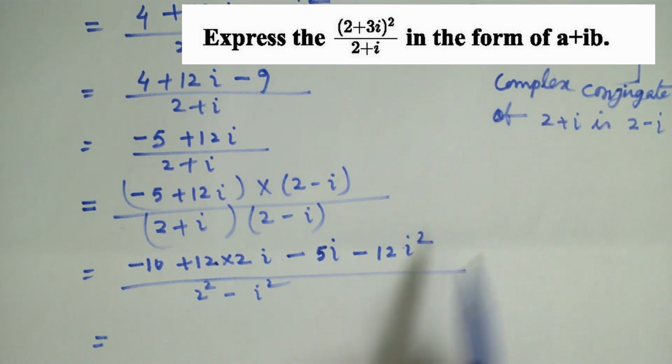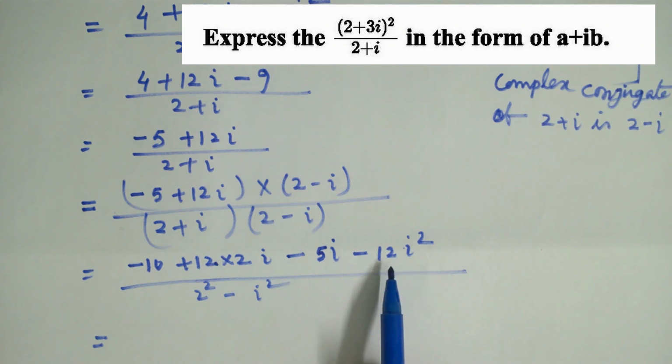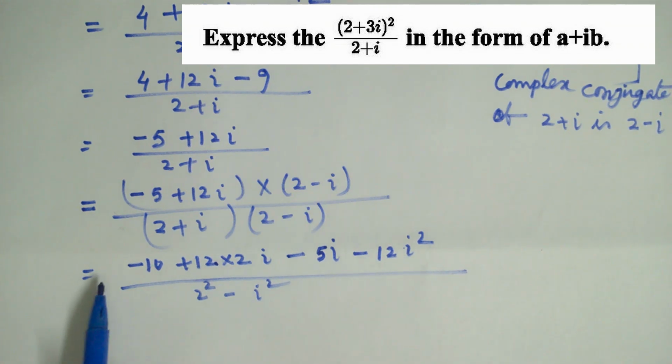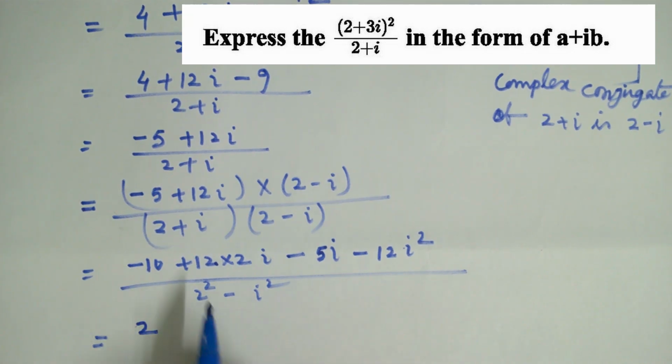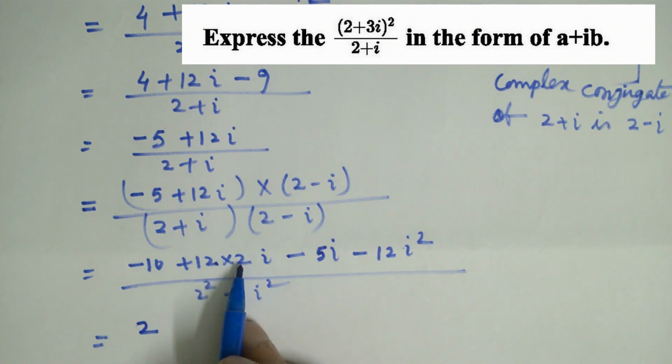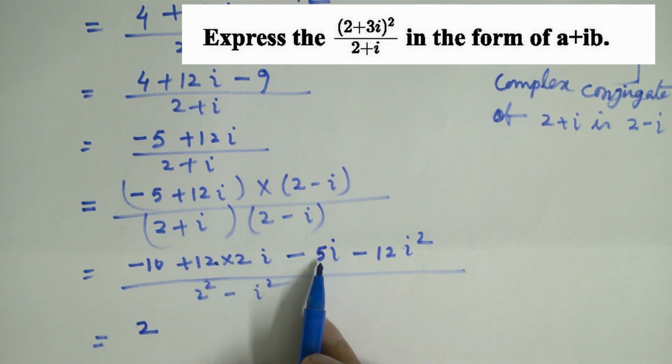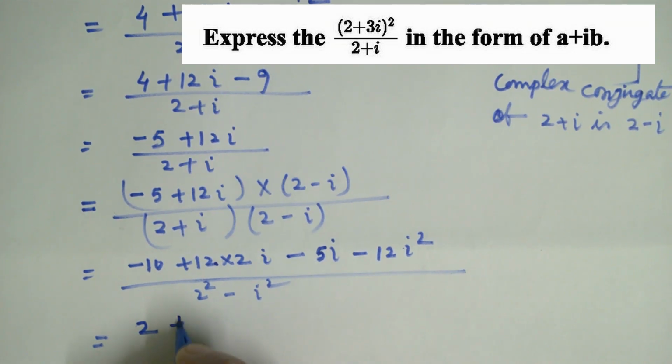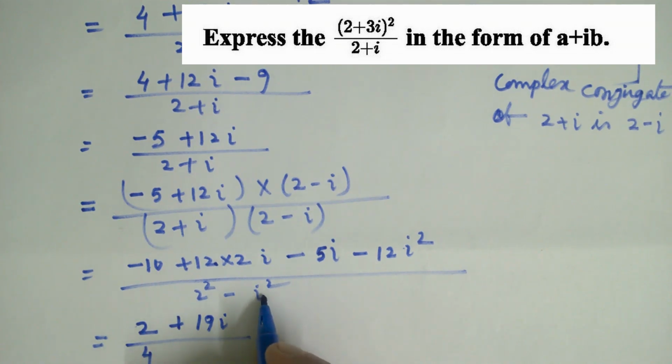Here we have done this: minus 1 into minus 12 is plus 12, plus 12 minus 10, finally 2. 24i and plus 5i, that will be plus 29i. Wait, we write 24i minus 5i... 19i. In the denominator, 2 square means 4, i square means minus 1, and minus of minus is plus 1.